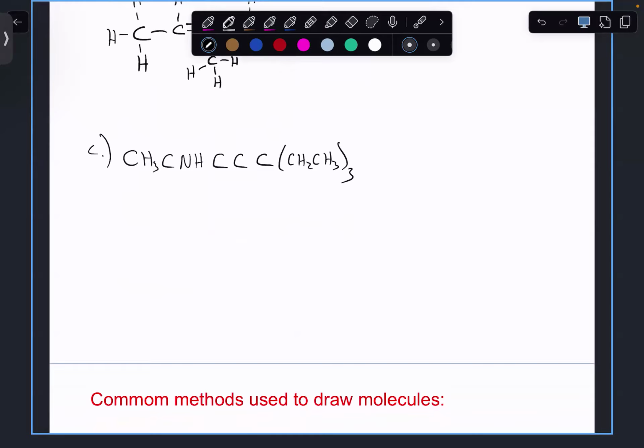This illustrates another little trick you sometimes have to do. So again, I'm going to go ahead and start this exactly the way we did the previous ones, just start writing them out exactly in order.